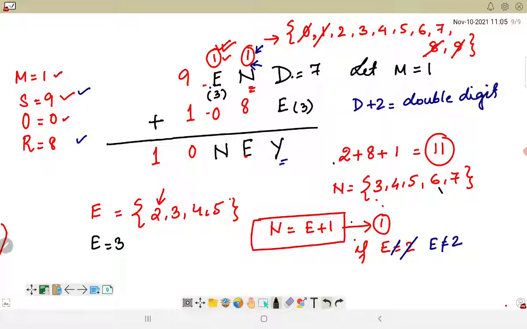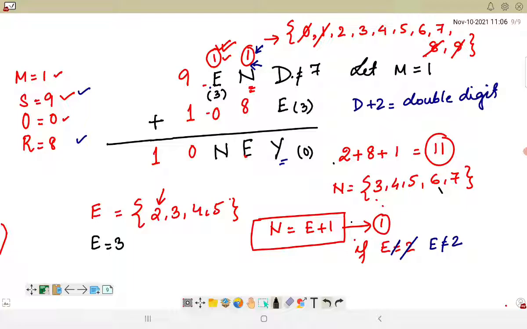But if I am considering 10 here, it is not possible, because Y will become 0, and since O is already 0, Y cannot be equal to 0. So that is why D cannot be equal to 7 here. And 8 and 9 are not possible because they are already taken.